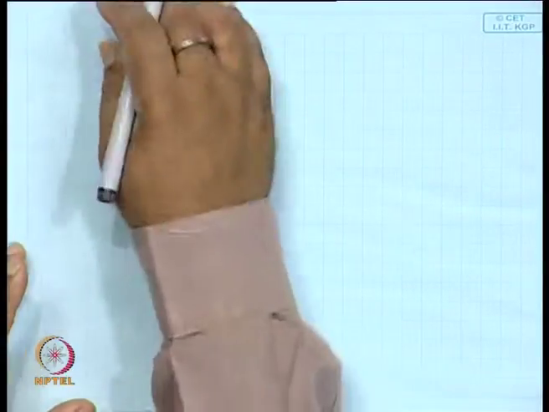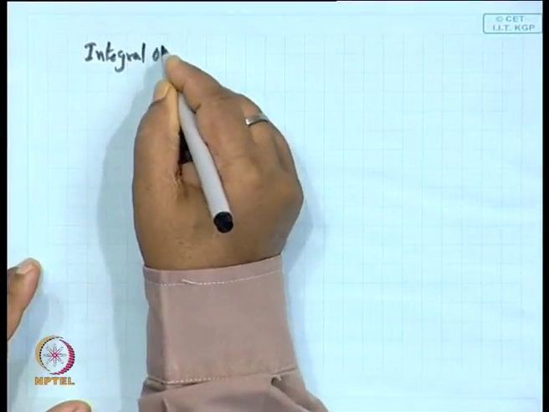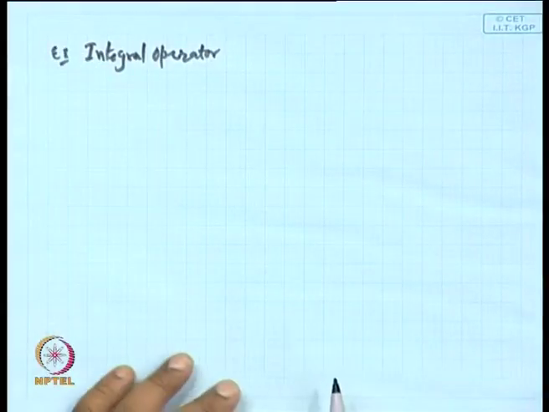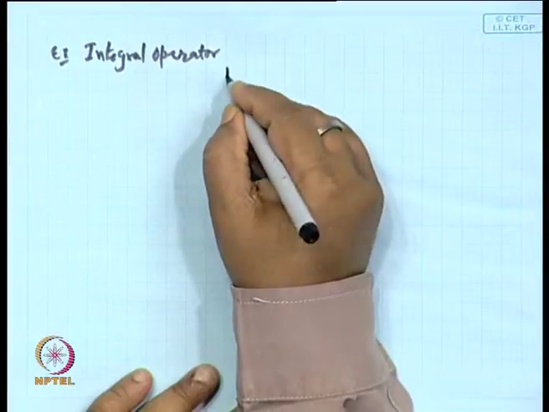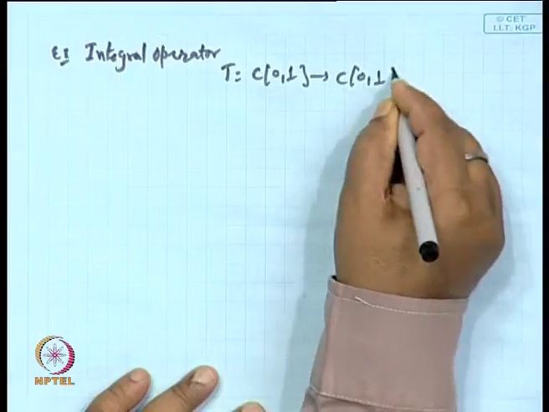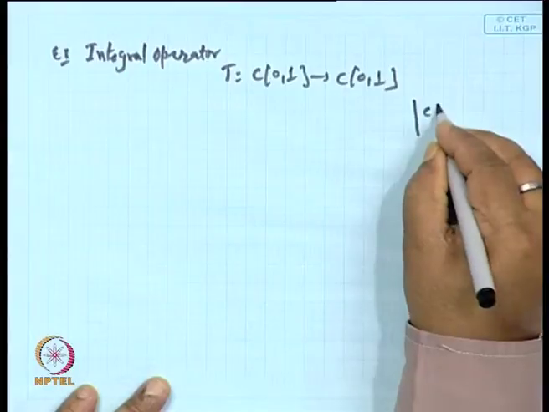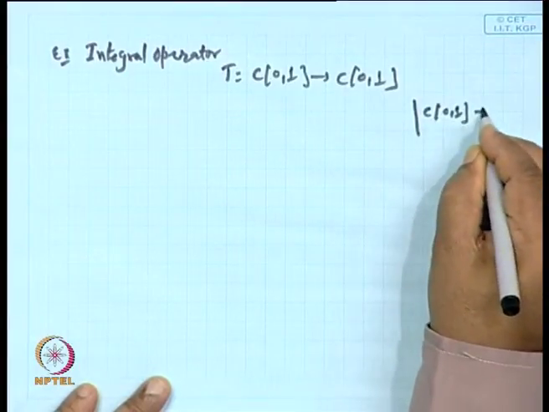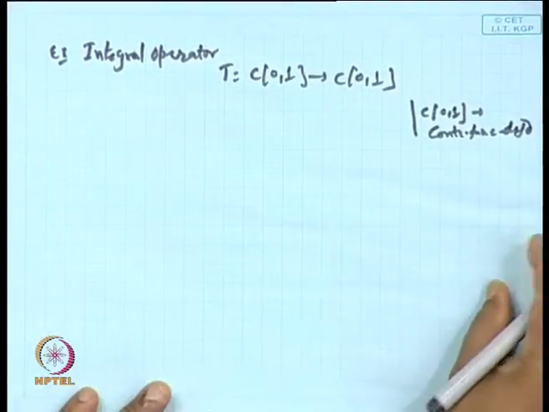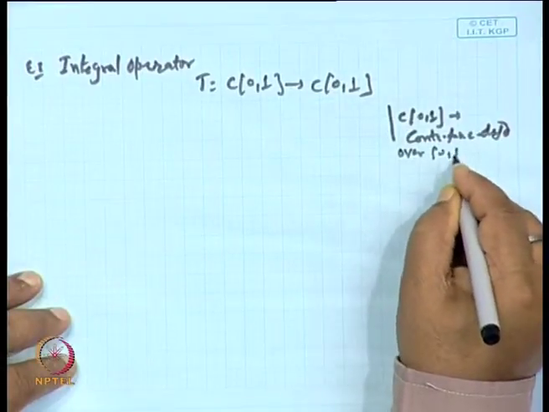We have also come across the integral operator. Suppose T is an operator from C[0, 1] to C[0, 1], where C[0, 1] is the set of all continuous functions defined over the closed interval [0, 1].